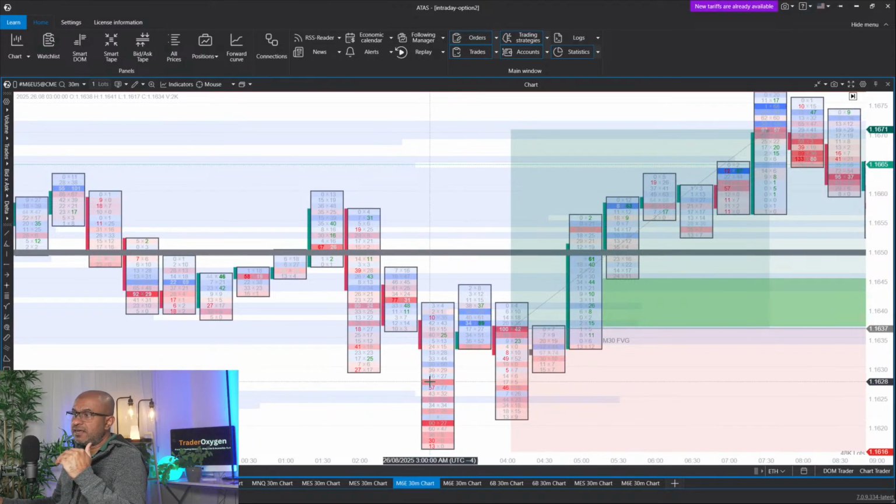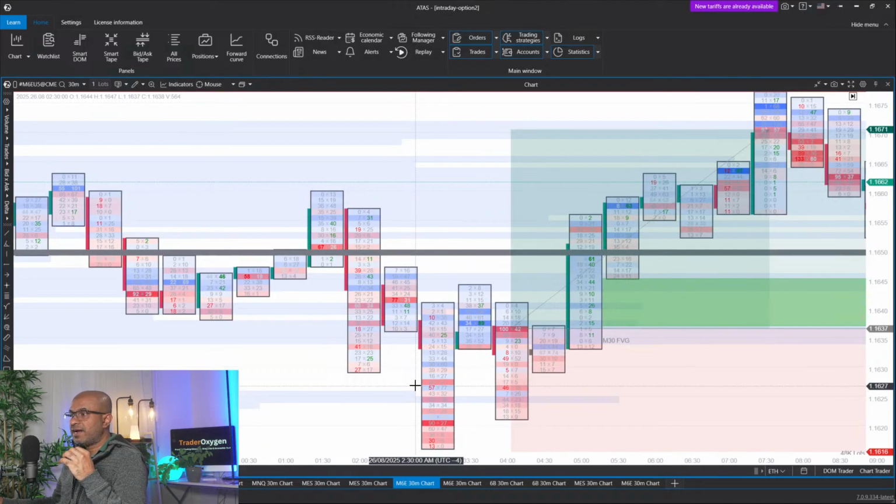You can see in this area the aggressive sellers push the price down. That's why it's red color, negative delta. However, you can see the price did not go down. Instead, price went down and came up again and formed a wick. When we see this, we call this situation absorption.